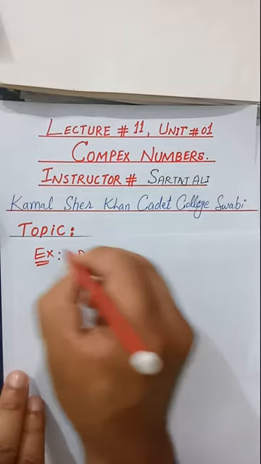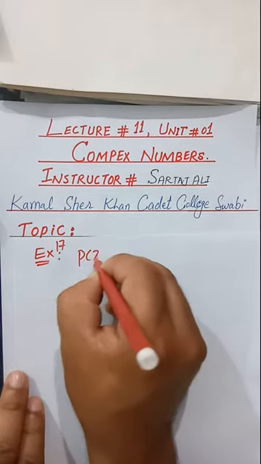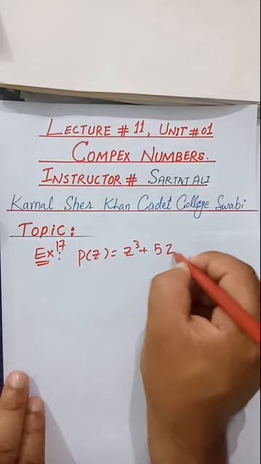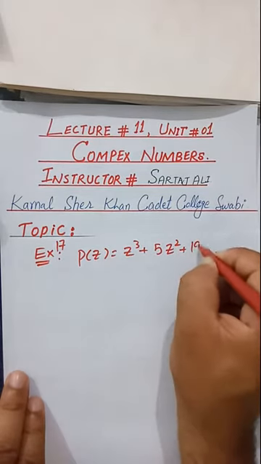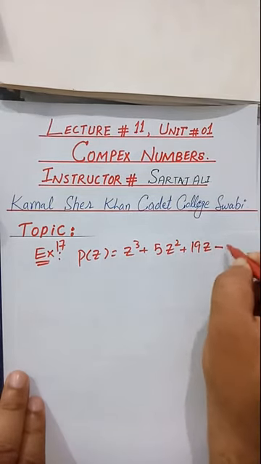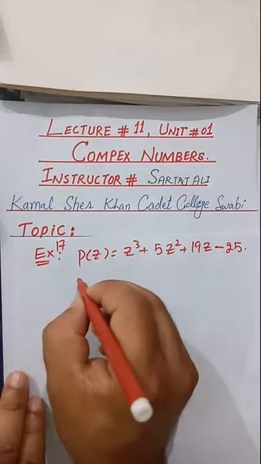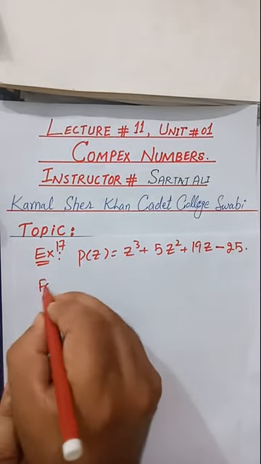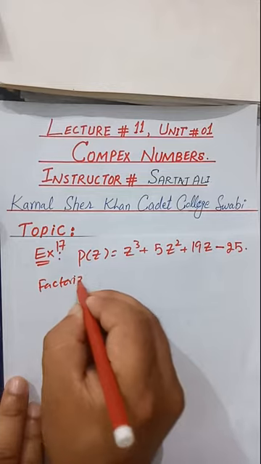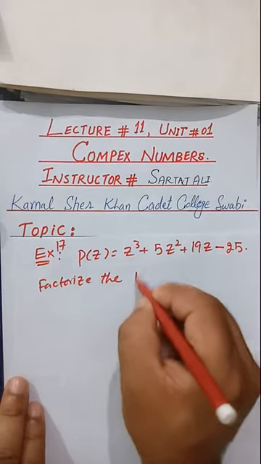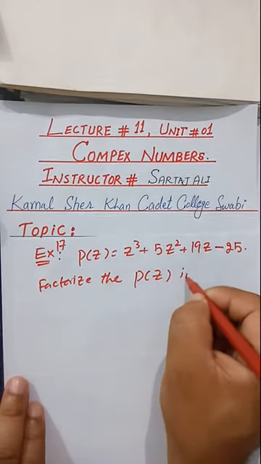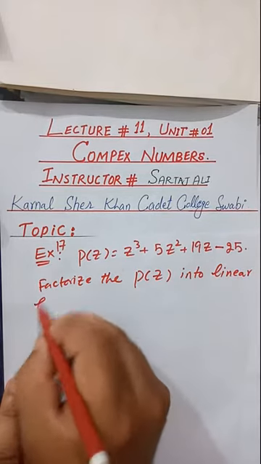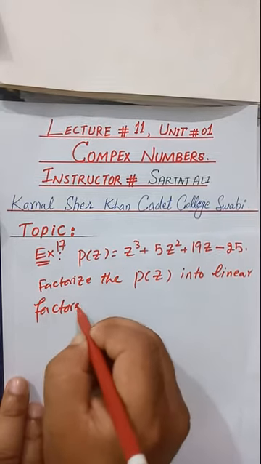P of z is equal to z cube plus 5z square plus 19z minus 25. The question is: factorize the polynomial p of z into linear factors.